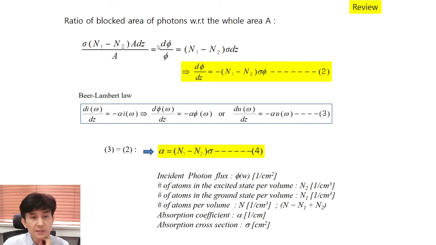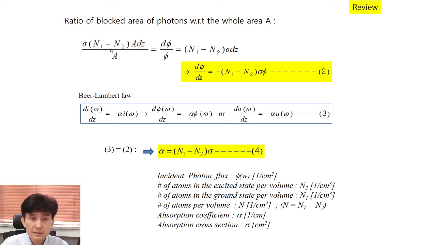These are the area of blocked photons due to the medium divided by the total area. That is equal to d phi over phi, the variation of photons with respect to total input photon, that should be equal to the number of the population inversion within the medium.